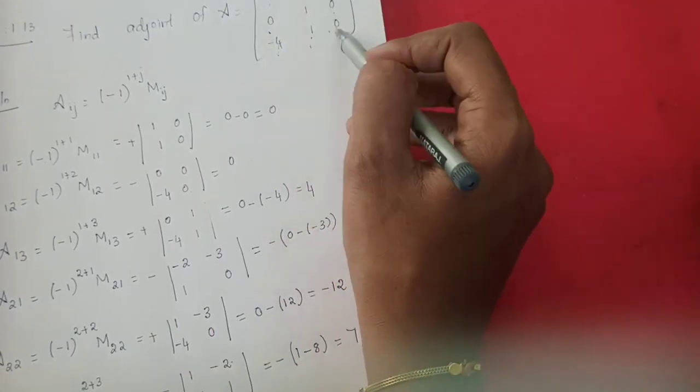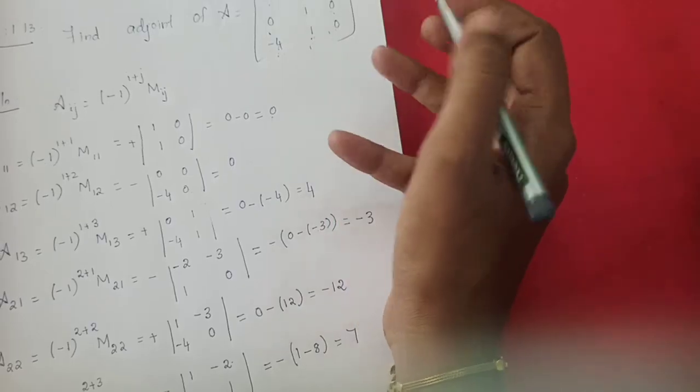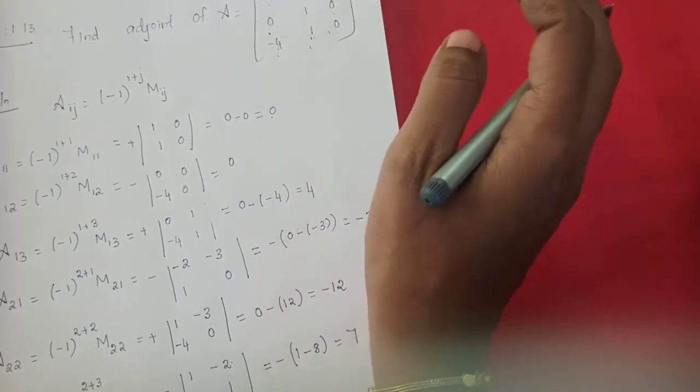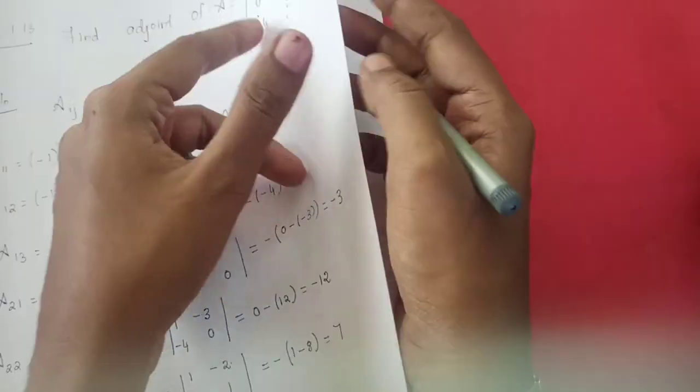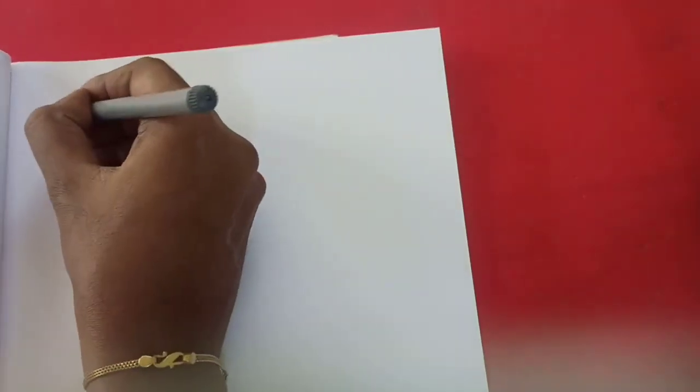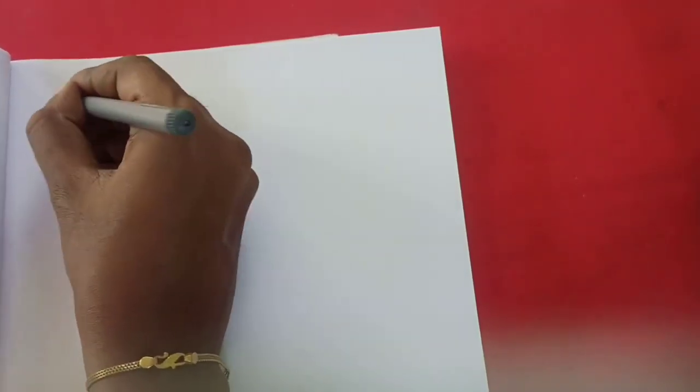See, cancel like this. 0 minus 0. First answer 0. This one and this one cancel. 0 minus 0. 0 will be the answer. Like that you can also find directly. Now you can arrange all the cofactor matrix. Okay. First we are going to write the cofactor matrix. So this is not the adjoint. This is a cofactor, so the meaning is Aij. We will notate it like this.